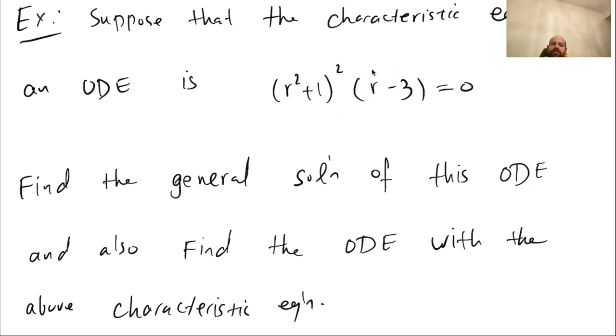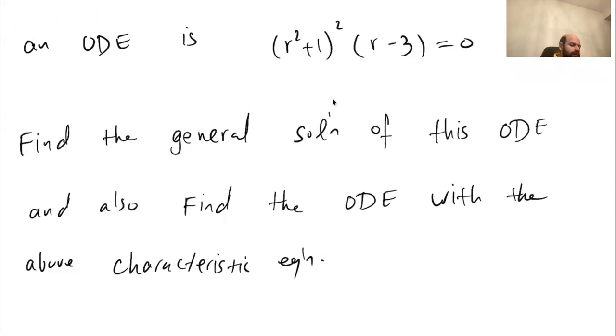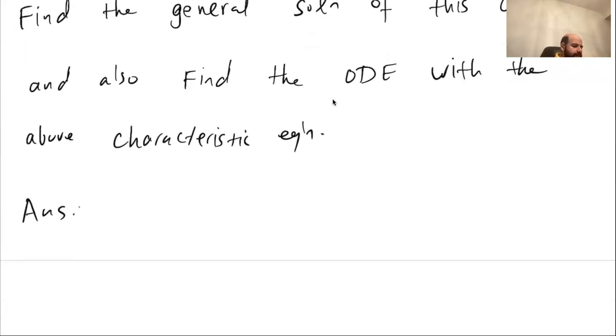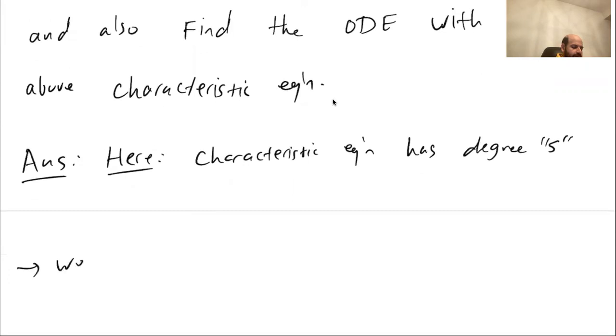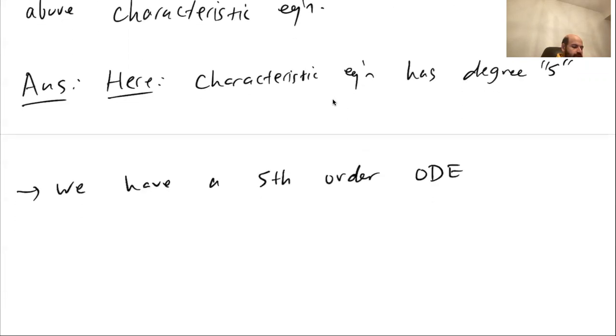So the characteristic equation has degree 5, which means the ODE is of fifth order.